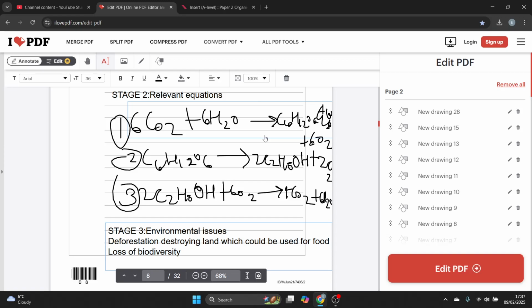C6H12O6 arrow 2C2H5OH plus 2 CO2. 2C2H5OH plus 6 O2 to form 4 CO2 plus 6 H2O.